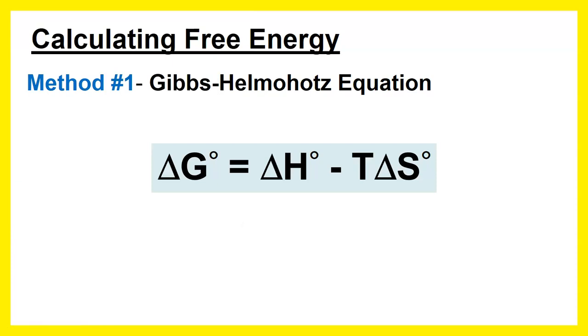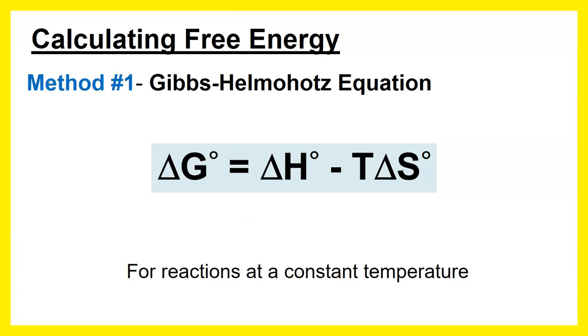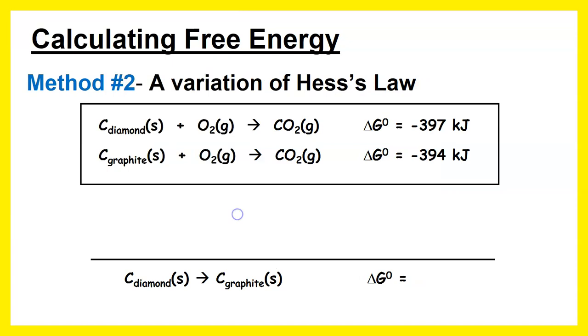If you have enthalpy values, you have temperature, you have entropy values, right, and you're not doing anything weird like changing your temperature, you have standard states from a chart, you can just plug those values in and calculate your delta G. Pretty straightforward.